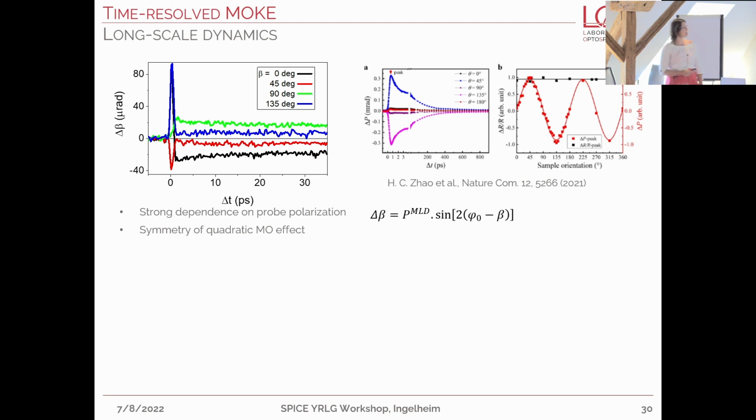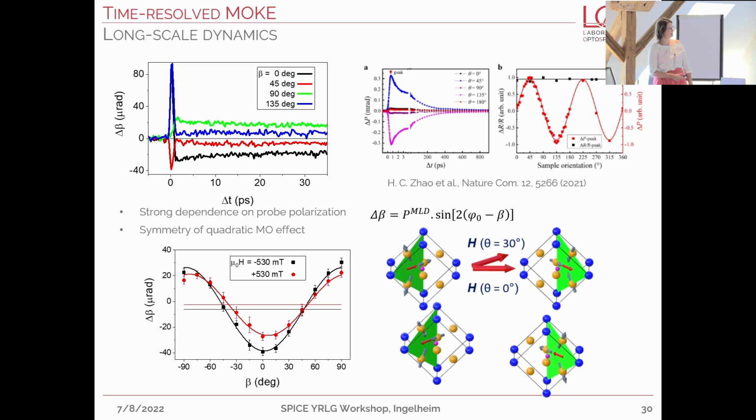And indeed, there was a signal, a relatively large one, but a signal that had a symmetry that is quadratic in magnetization. We measured as a function of polarization plane, and we found that the symmetry corresponds to the Q-MOG, the quadratic MOG, which is something that people observed also in manganese-3 tin.